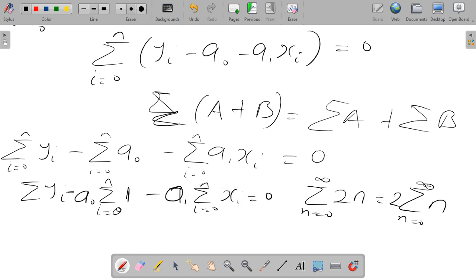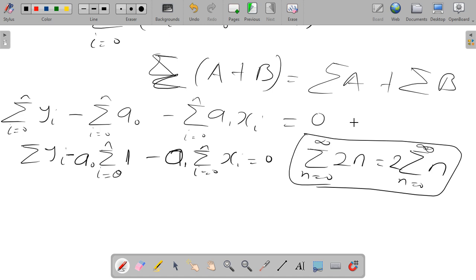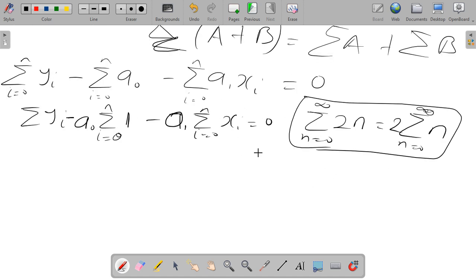So having known this, I don't want you to get confused. I'm just giving you some things that you need to remember. The summation of i starting from 0 to n of 1 is just repeating 1 plus 1 plus 1 up to n times. So it's the same as n.